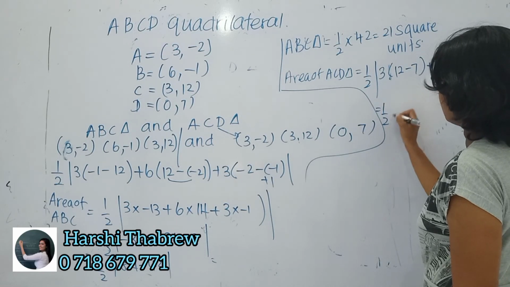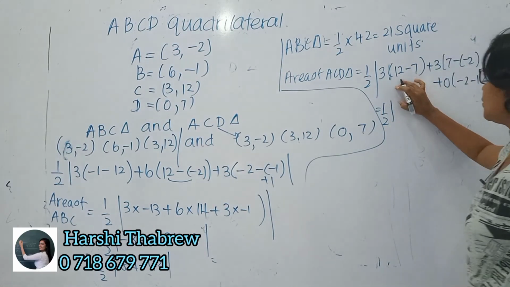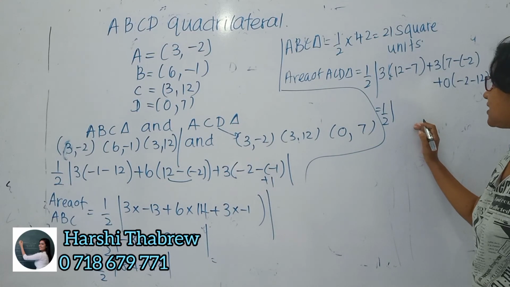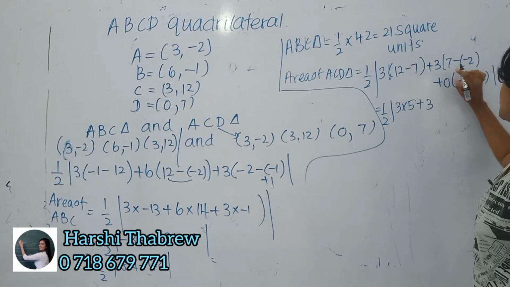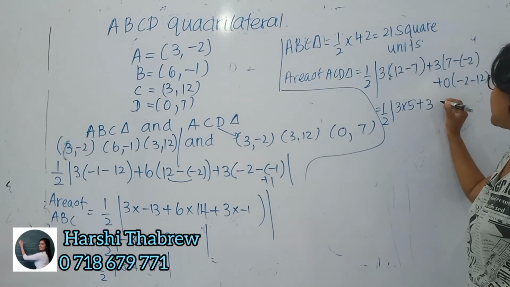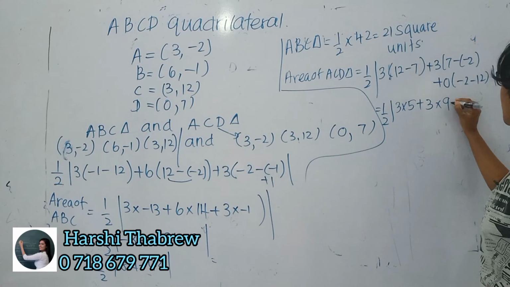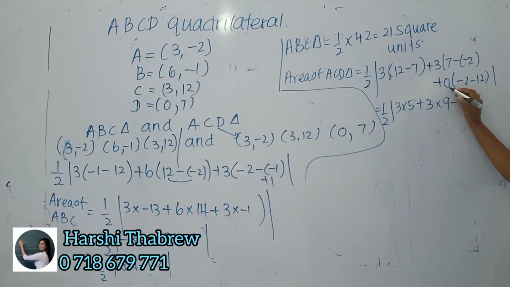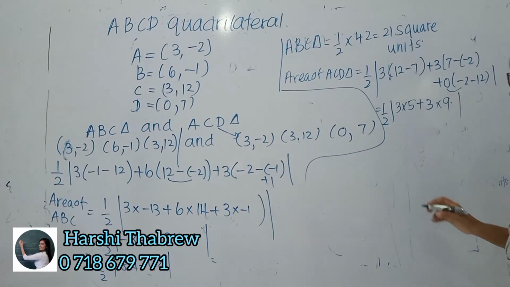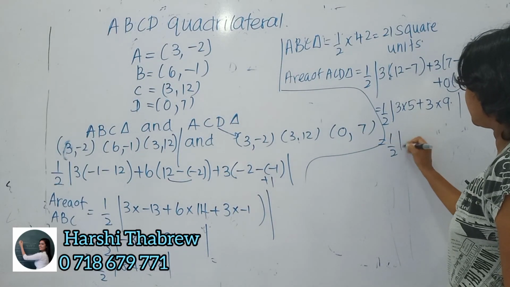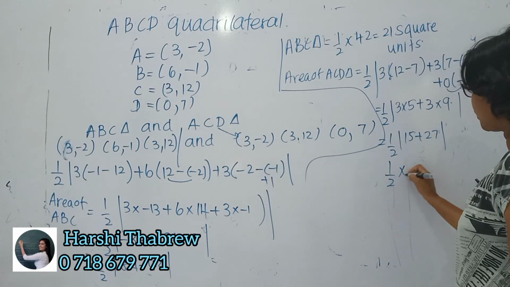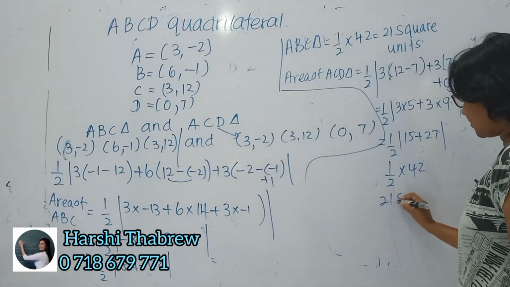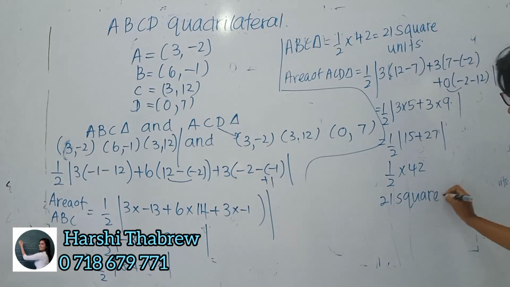Then half into 3 into 12 minus 7. 12 minus 7 is 5. 3 into 5 plus 3 into 7 minus 2. It's 9. 3 into 9 plus it's 0. This is 0, so you should not calculate it. Then you have half into here 15 plus 27. You have half into 42 here. Then it's 21 square units.